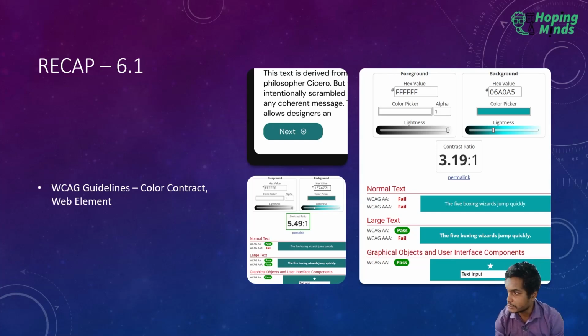So in the second example, in terms of normal text, it fails at 3.19 to 1, but the first one and second one give a visibility of 5.49. And at 3.19 to 1, the text still looks good, but if you see it from far, it is not completely visible to users who have an eye disability or low vision.